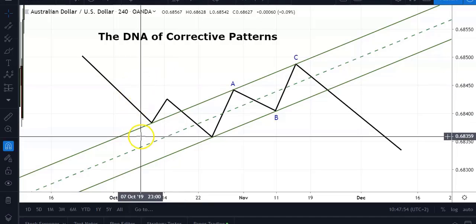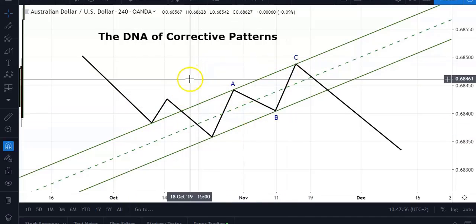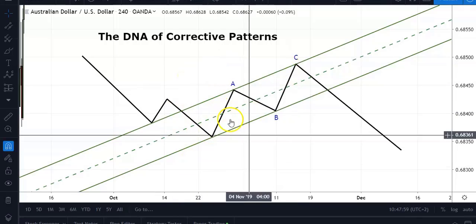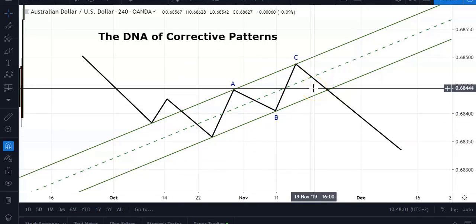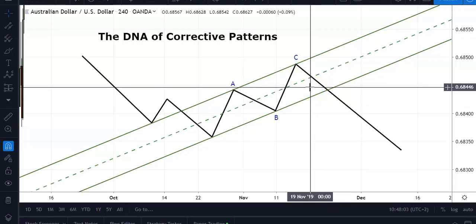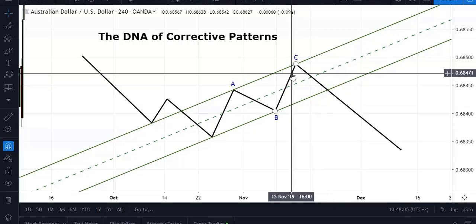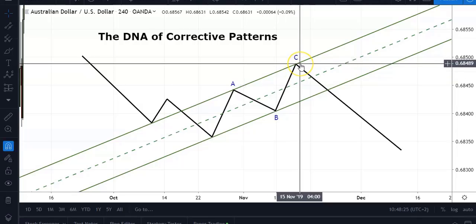I tend to simply call them ABCs because of their zigzagging nature, and I like to use market geometry techniques to guide me into a level where I think a correction might end, especially when I'm dealing with more complex corrections, or a variation of a simple ABC or zigzag pattern. Market geometry will in many cases clear up the confusion of which exact correction I am following, since I am only concerned with where I think such a correction could end.